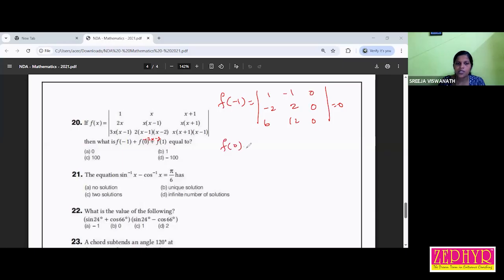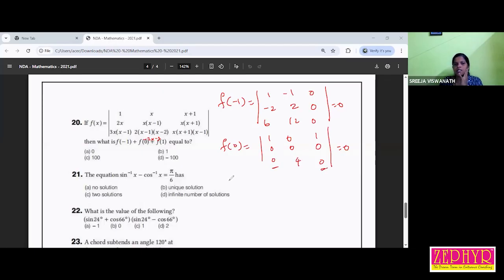Like that, what is f of 0? F of 0 has two identical columns, so this is also 0.